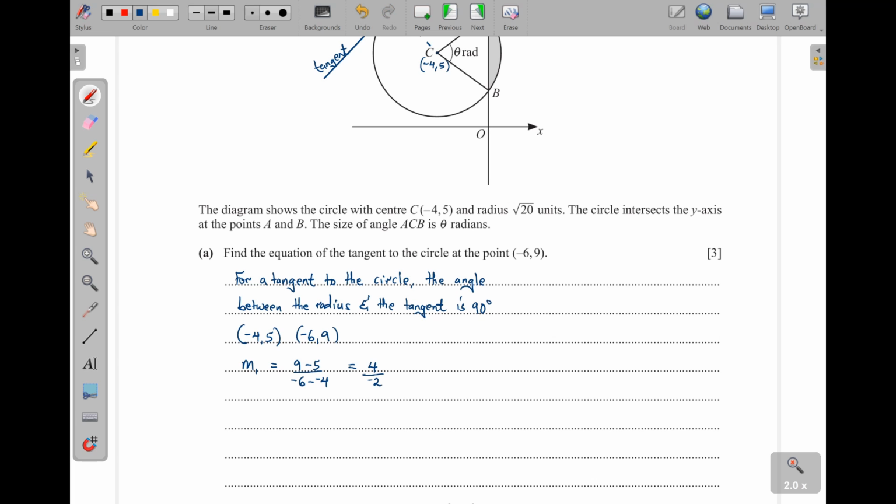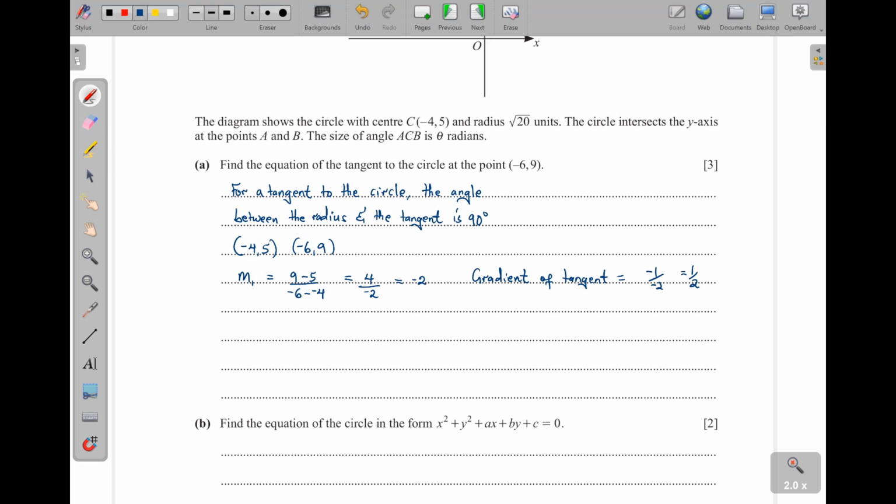So that means this whole thing is -2. And that therefore means that this is the gradient of the radius, okay? So the gradient of the tangent is now going to be -1 over -2, which is a half, because you know that for perpendicular lines, m1 times m2 is equal to -1, okay?